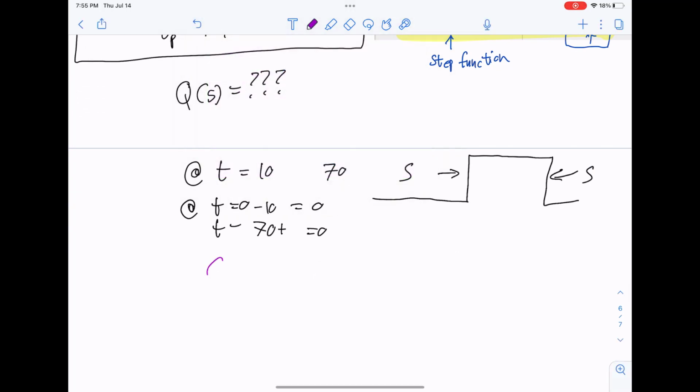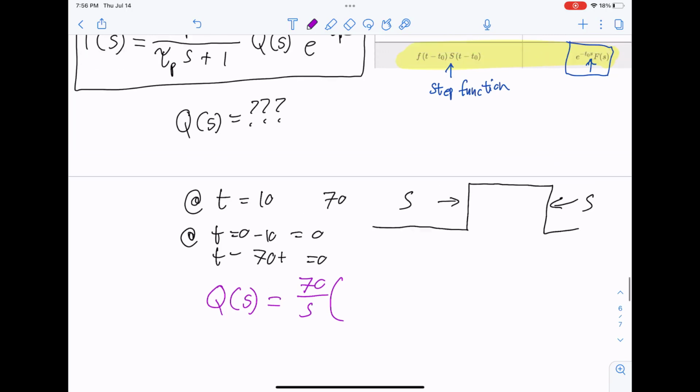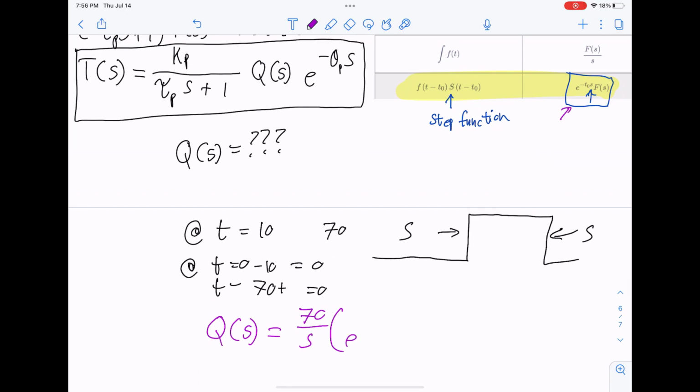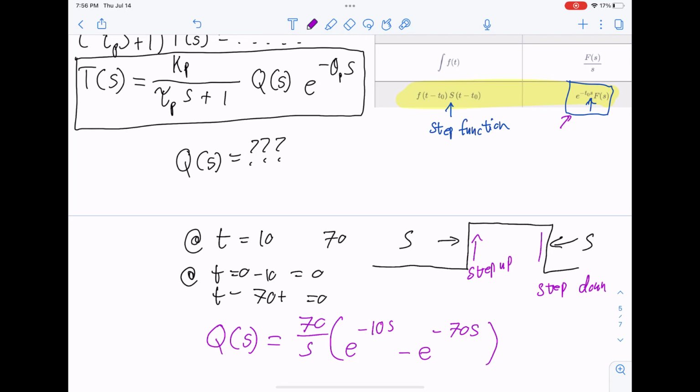So let's do purple for our 70 over s, and it's going to be that for both of them. The degree is the same, so let's just do it once. Times, we look over here again, e to the negative 10s minus e to the negative 70s. So let's think this through. It's a step up and a step down. Hopefully that makes sense why this right here is negative.